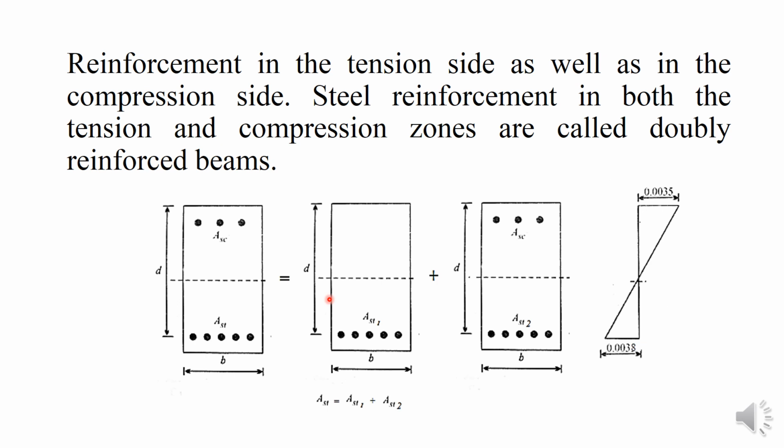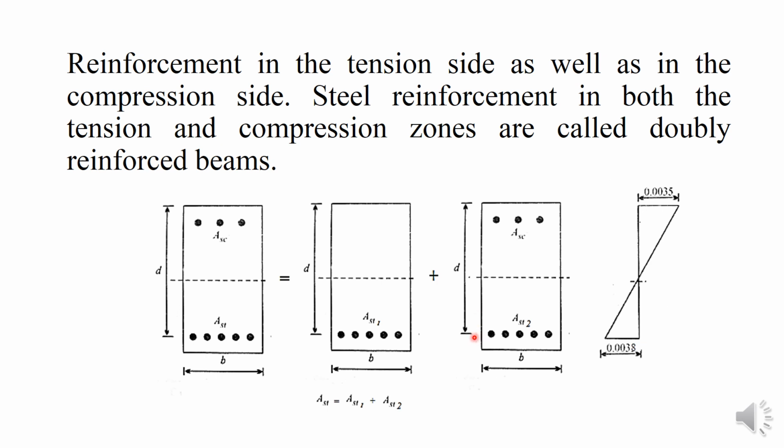The steel AST1 is for the singly reinforced section, plus the remaining portion, assuming only the steel action, that is ASC, the area in the compression zone, and AST2, the area of steel in the tension zone.